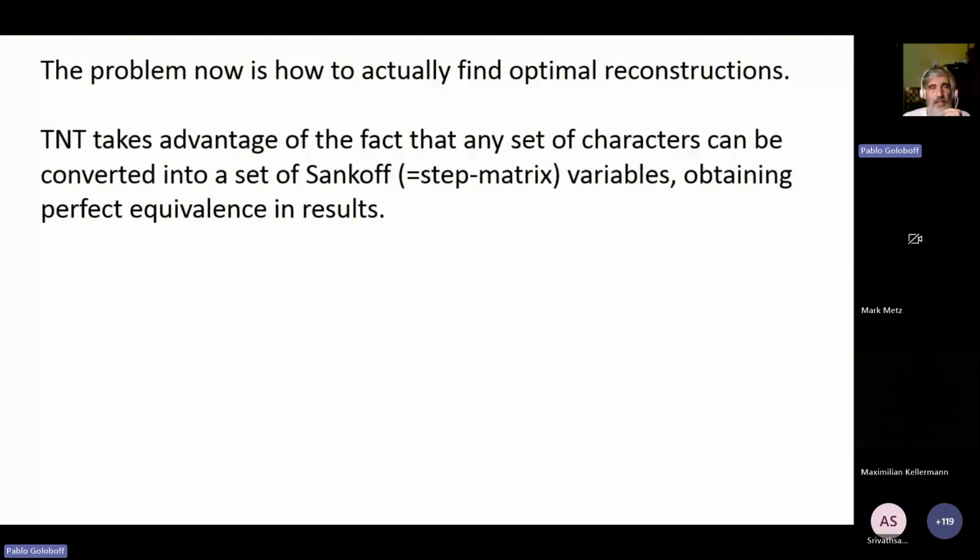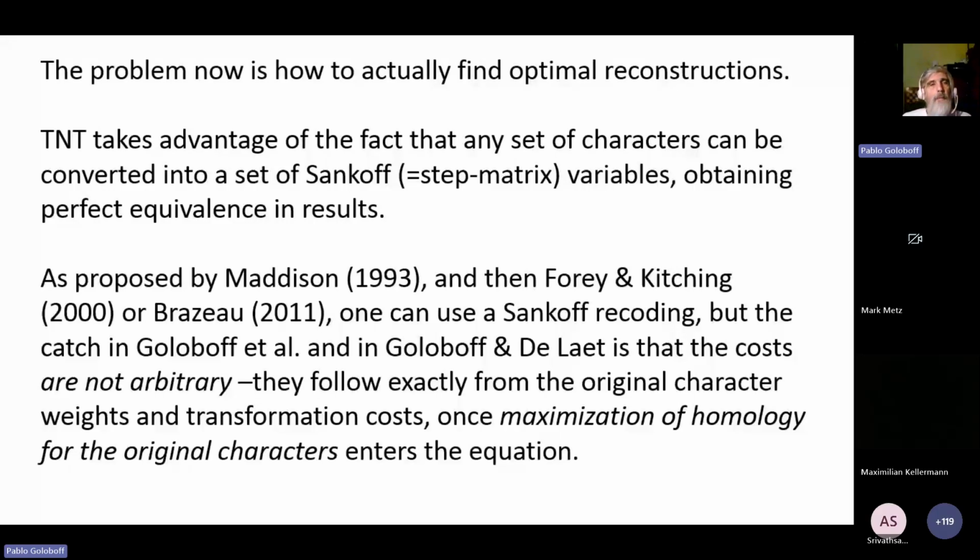TNT takes advantage for finding optimal reconstructions of the fact that any set of characters can be converted into a set of Sankoff, that is, step matrix variables, obtaining perfect equivalence in results. Madison, and then Farris, Kitching and Brasseau, had proposed that you can use Sankoff recoding, but the catch in Goloboff et al. is that the costs for those step matrix variables are not arbitrary.